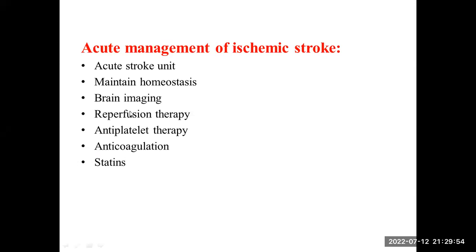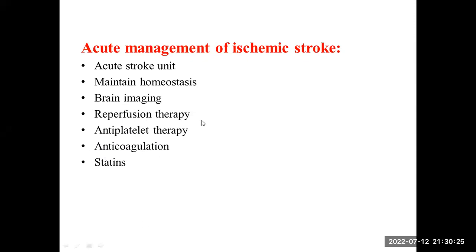Then another element in the acute treatment of ischemic stroke is anticoagulation. Anticoagulation is not used in all cases of acute ischemic stroke. The evidence and the benefit from anticoagulation is seen in patients with cardioembolic stroke. When we talked about the mechanisms of stroke in the previous lecture, we talked about cardioembolic stroke as a possible mechanism, and also we talked about other mechanisms like atherosclerosis.